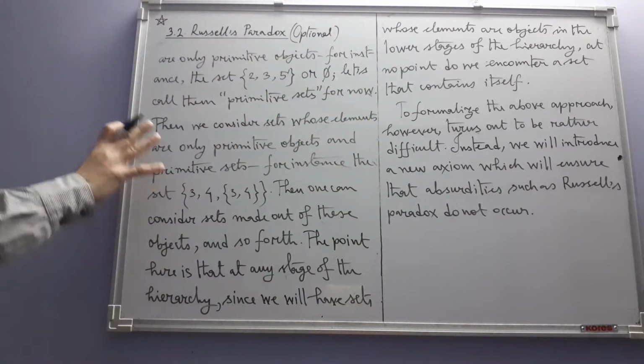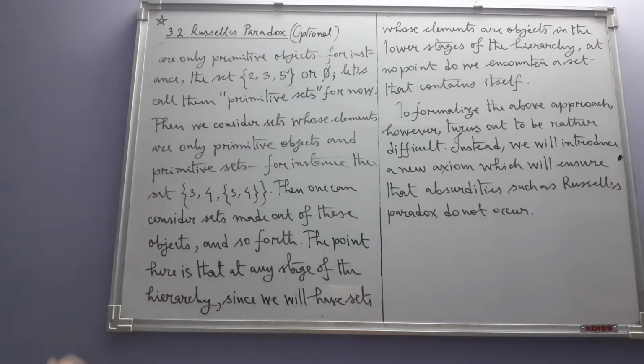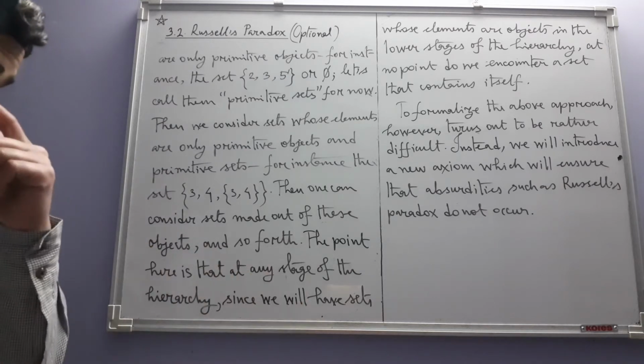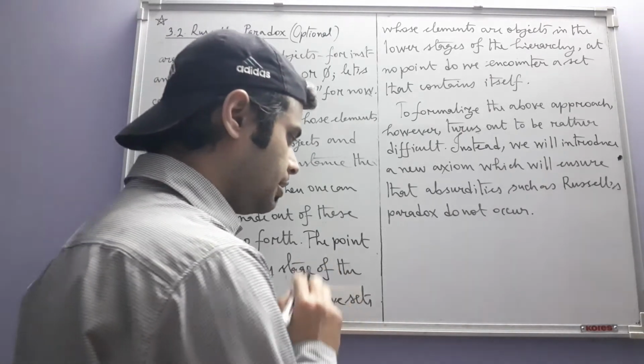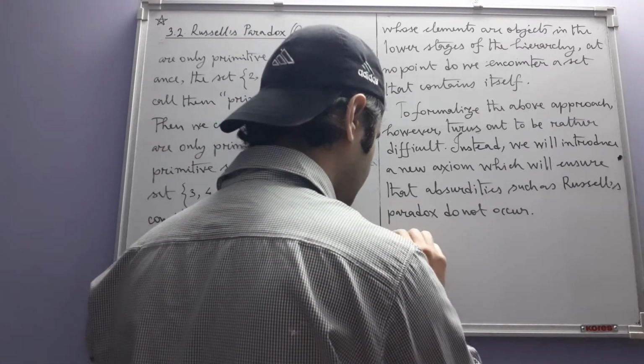Instead of following this approach, we are going to introduce a new axiom, and it will be a consequence of that axiom that Russell's paradox, and things like that, do not occur. So here is a new axiom.